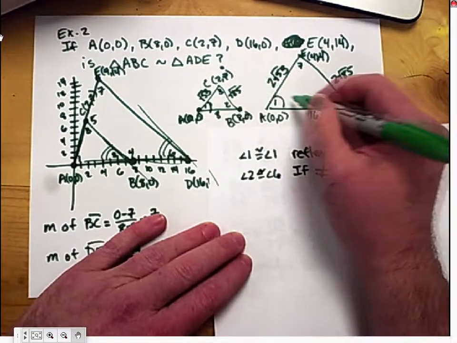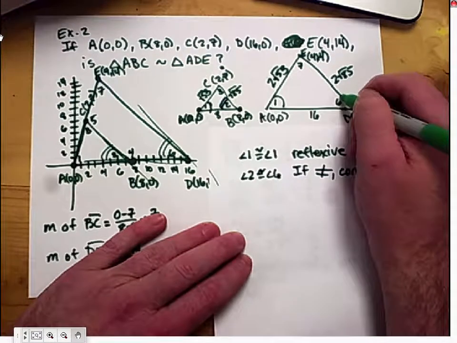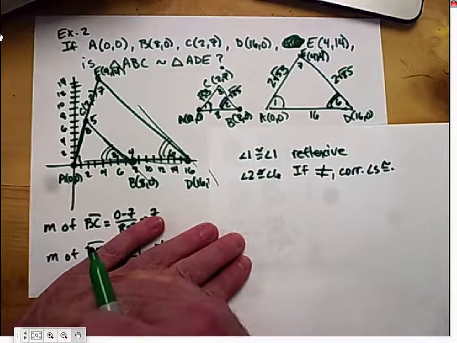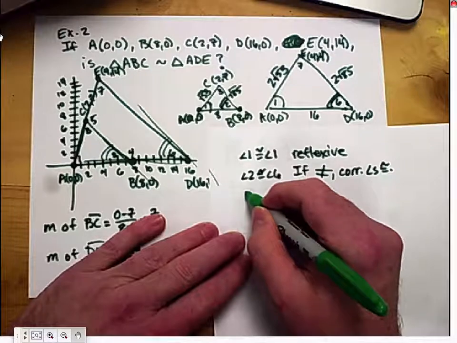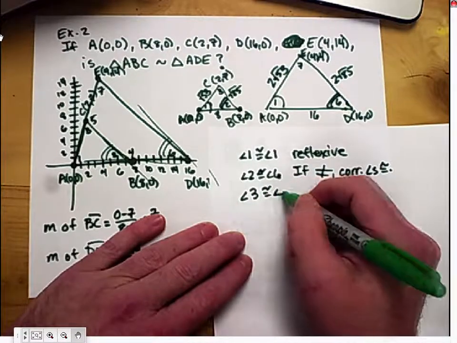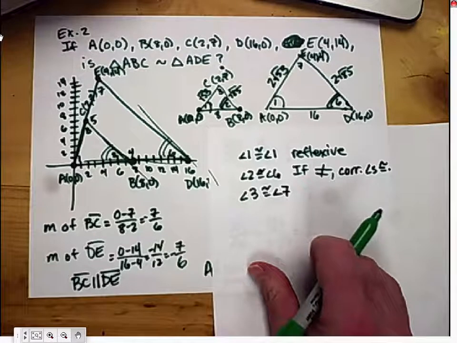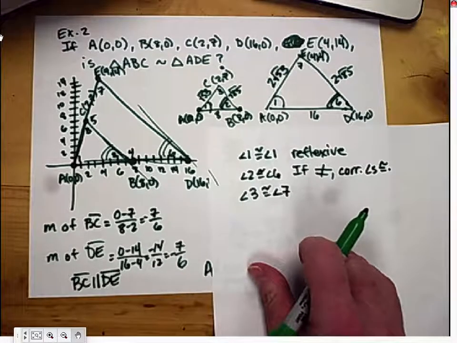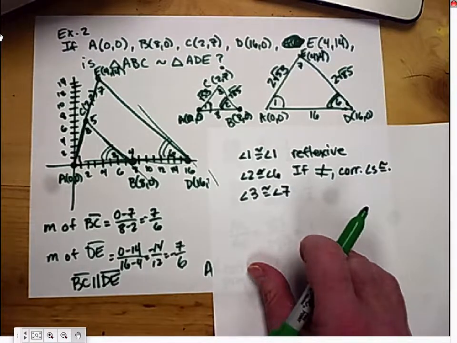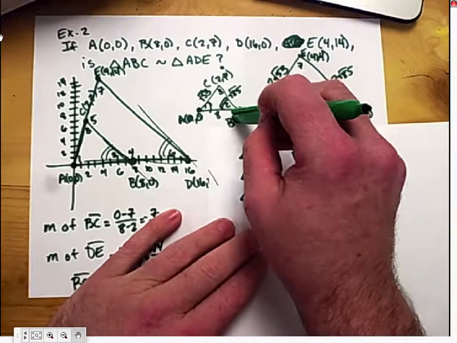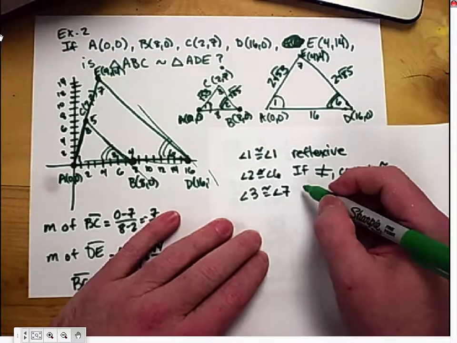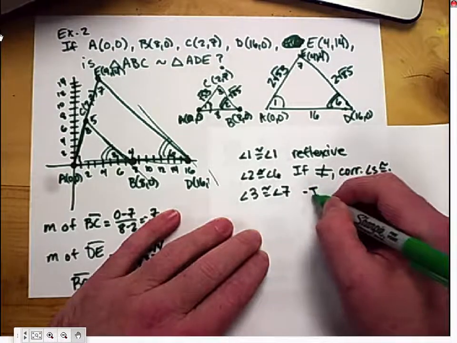We've shown 1's congruent to 1, we've shown 2's congruent to 6. We need to show, yes, 3 is congruent to 7. And there's actually two ways you can do that. Do you remember that we had a theorem that says if two angles of one triangle are congruent to two angles of another triangle, the third angles have to be congruent. So that's one of them.